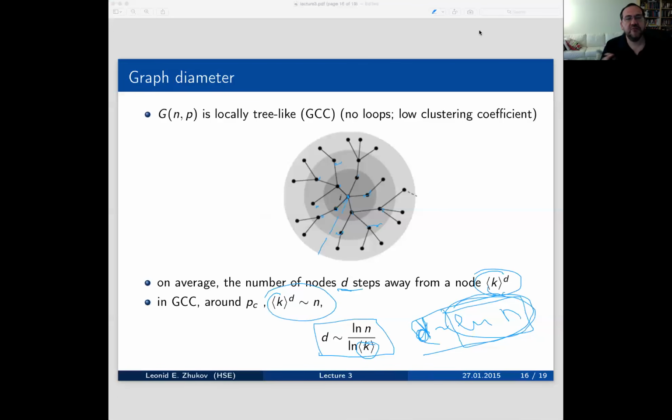So these are the three main properties we're going to be looking at in the model: the degree distribution, the clustering coefficient, and the average shortest path, or diameter of the network. In the case of random graphs, we realize that the clustering coefficient is off.